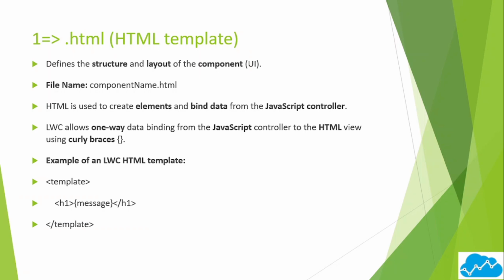So let's see a basic example of an LWC HTML template. In the first line we see template. In the h1 tag we are binding the data. message is a variable, and in curly braces we put it, meaning whatever data message is holding comes here. That is data binding.